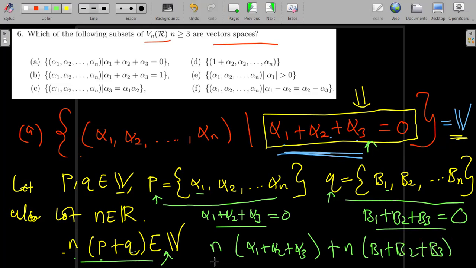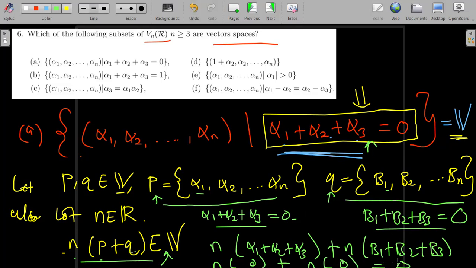But what do we see here? You have n, and then in the brackets here, this is just 0. So this will be 0 plus n times 0 inside here. So I'll just get 0.